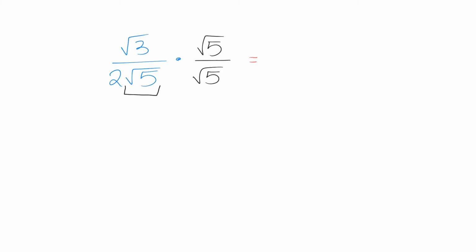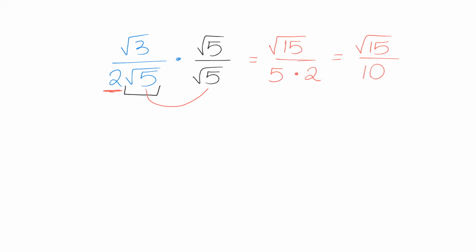When you multiply this through, you're going to get the square root of 15 in the numerator. And in the denominator, you've got 2 times 5, right? The square root of 5 times the square root of 5 is 5. And this 2 is still here. So times 2. So that means we've got root 15 over 10.